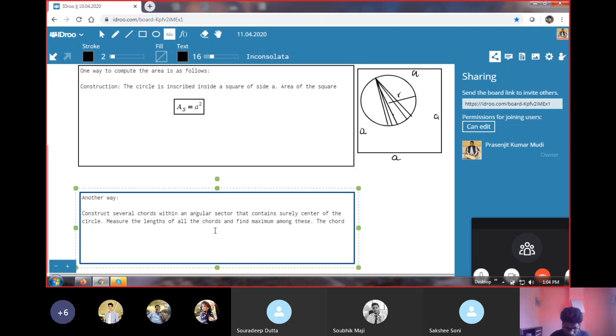The chord with max length can be an approximate diameter of the circle.